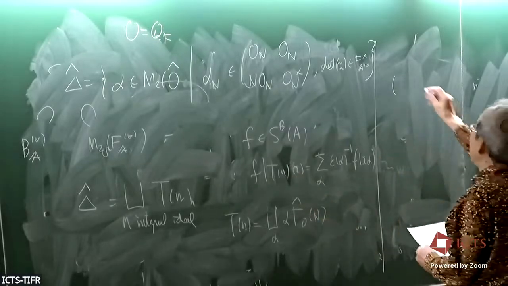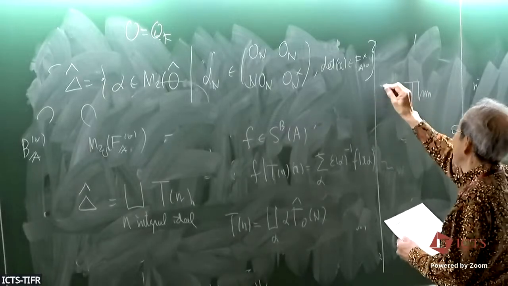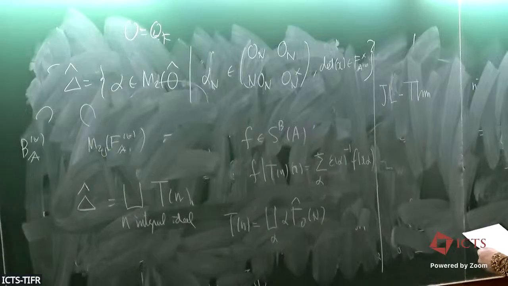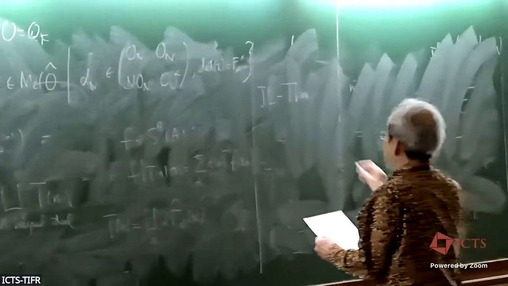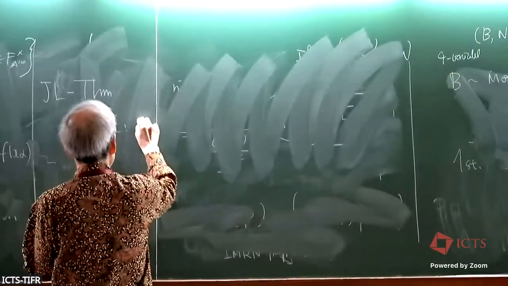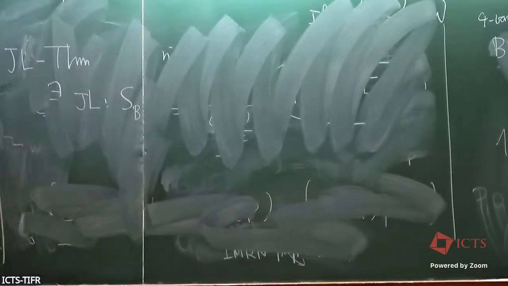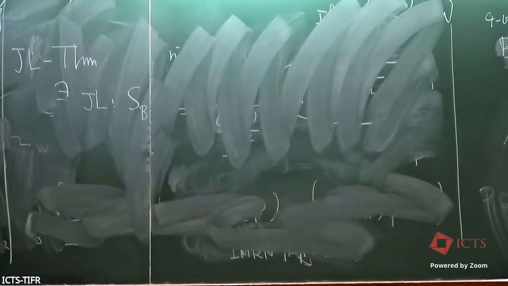So the JL theorem is that there exists an isomorphism JL from S_B, I think I put above. Oh, this is below.